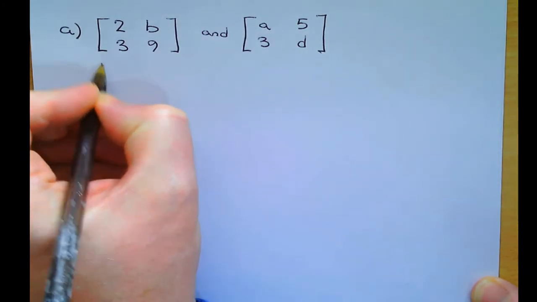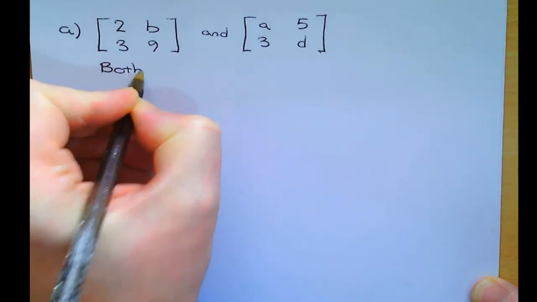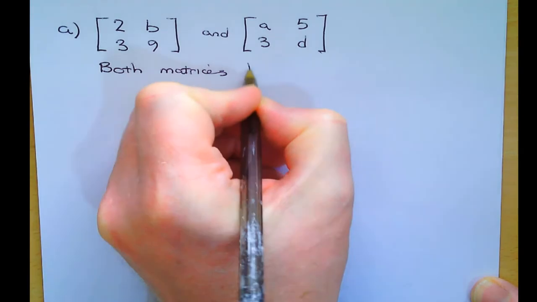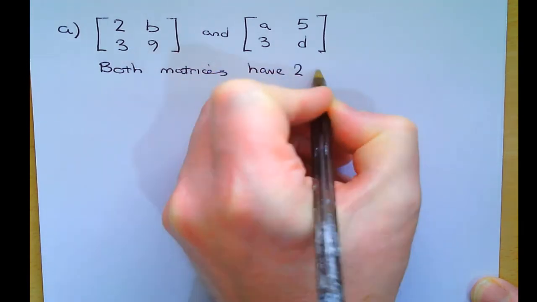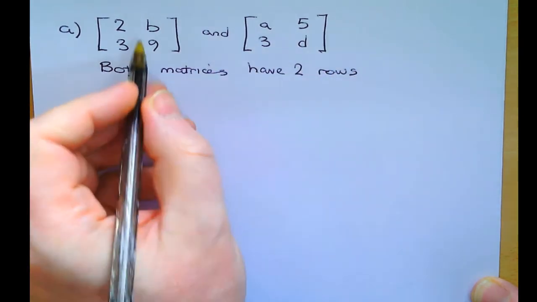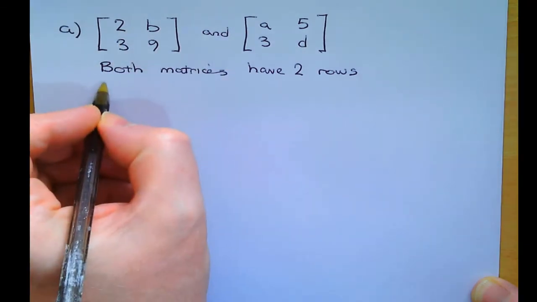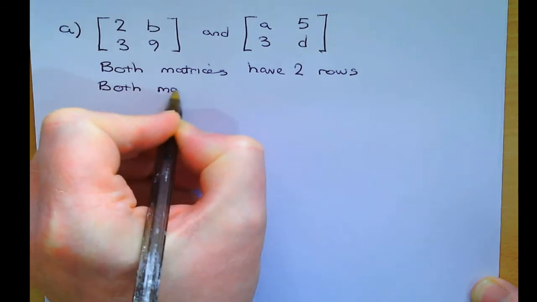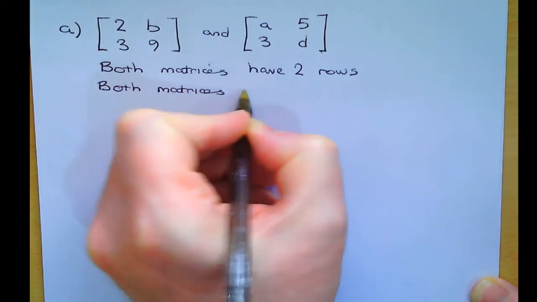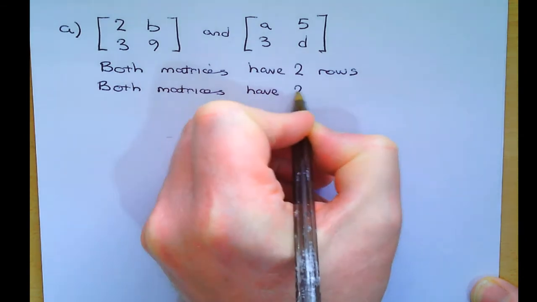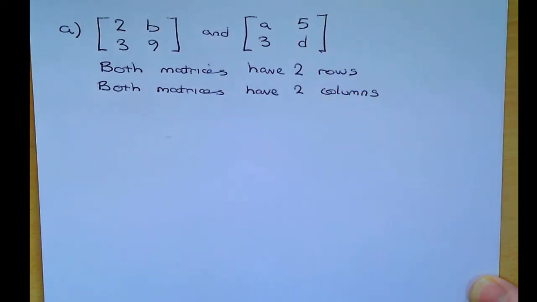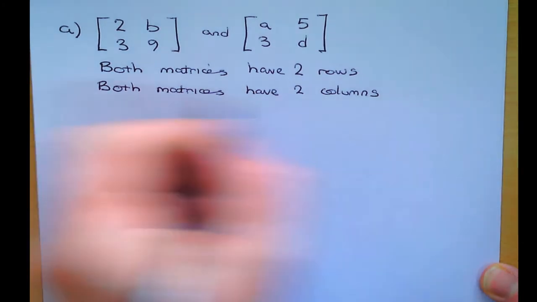We note one thing, that both matrices have two rows, a top row and a bottom row. And similarly, both matrices have two columns, a left column and a right column. So there's still potential for them to be equal.